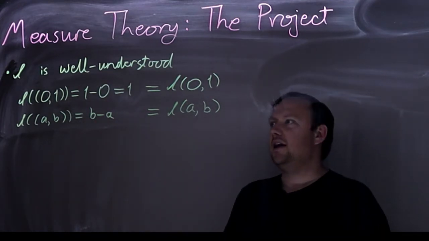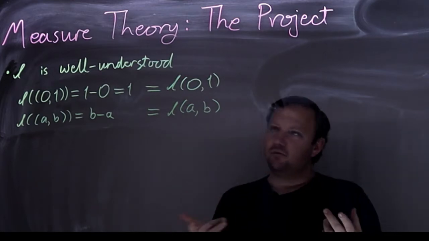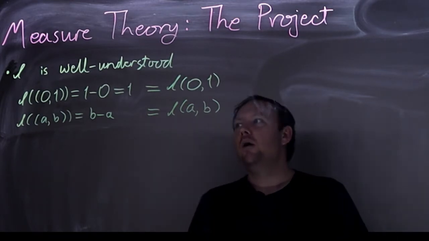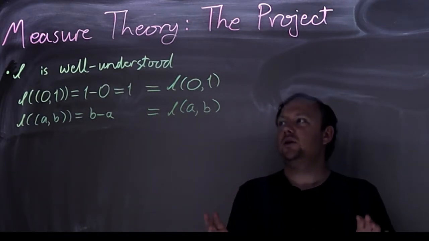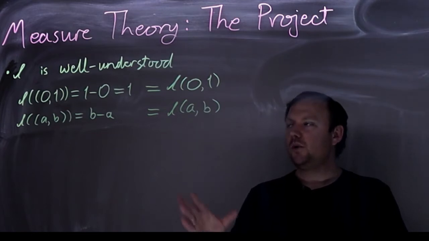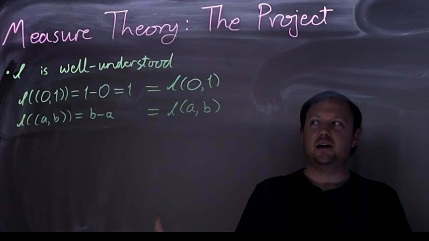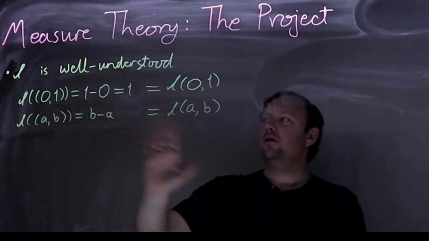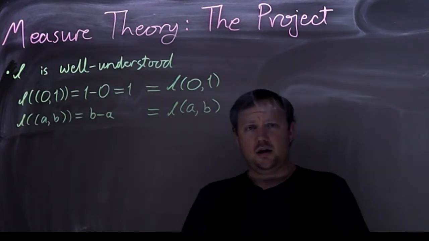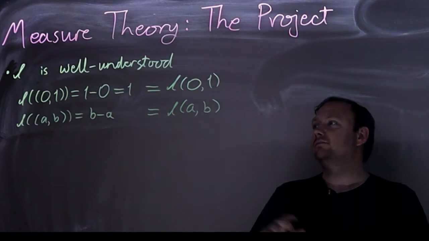We could have picked a closed bounded interval or several other possibilities, but somewhat arbitrarily, I'm just going to take our canonical thing that we understand to be the length of an open bounded interval.